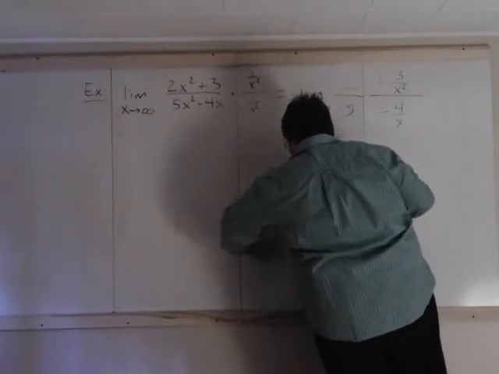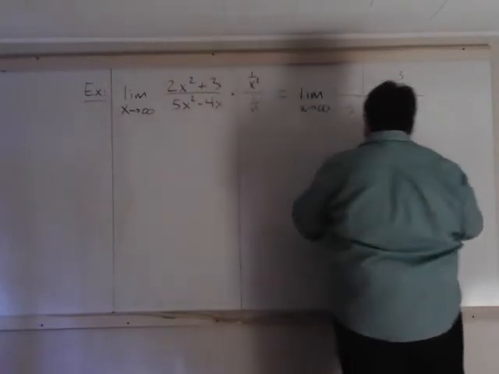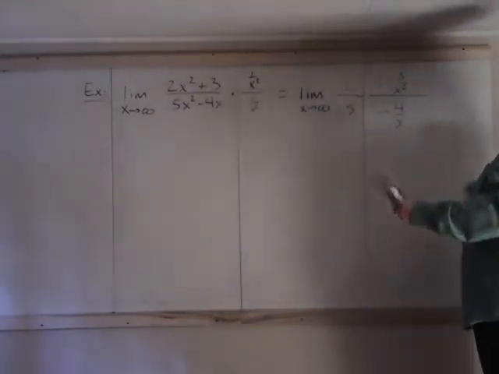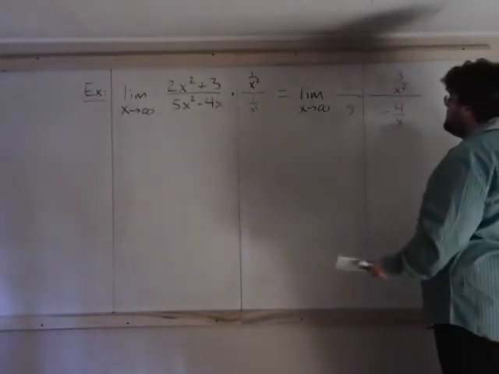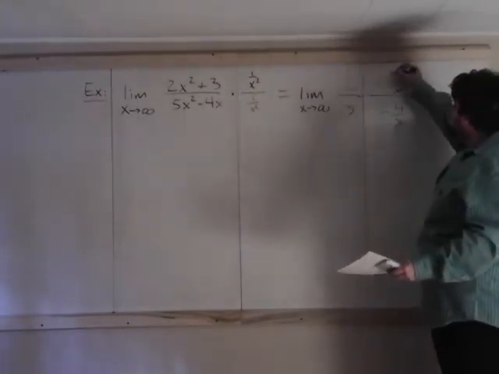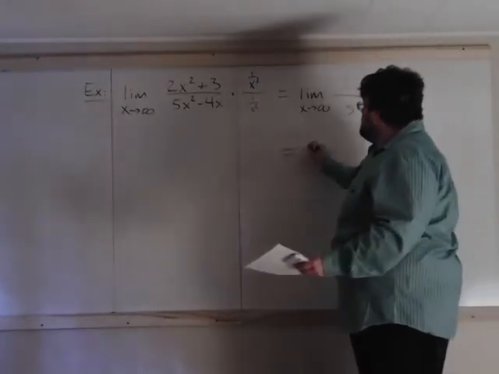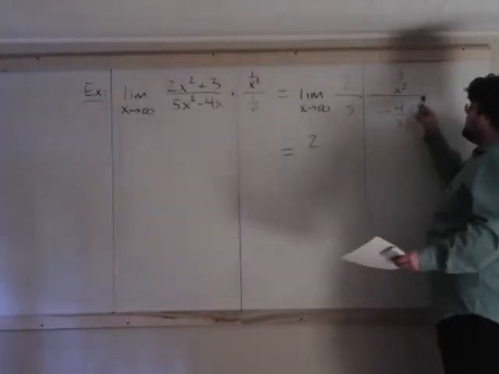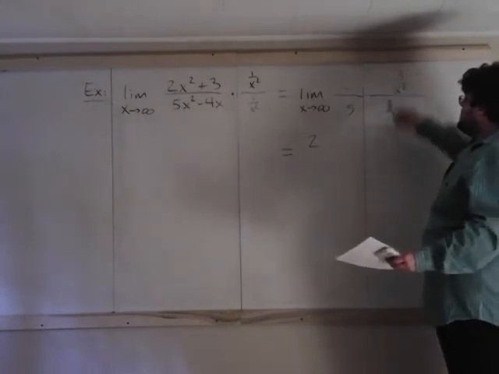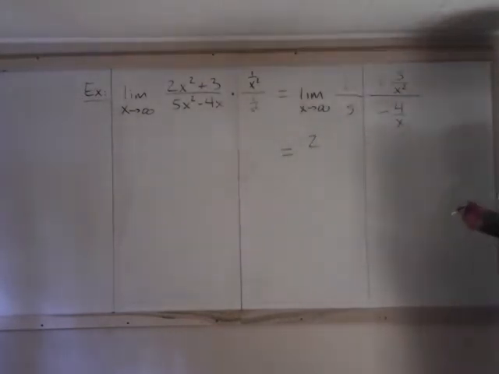And you can see from doing that, we can now take limits as x goes to infinity on all of these terms because, well, as x goes to infinity, 2 goes to 2. As x goes to infinity, 3 over x squared, well, that's 3 times 1 over x squared.